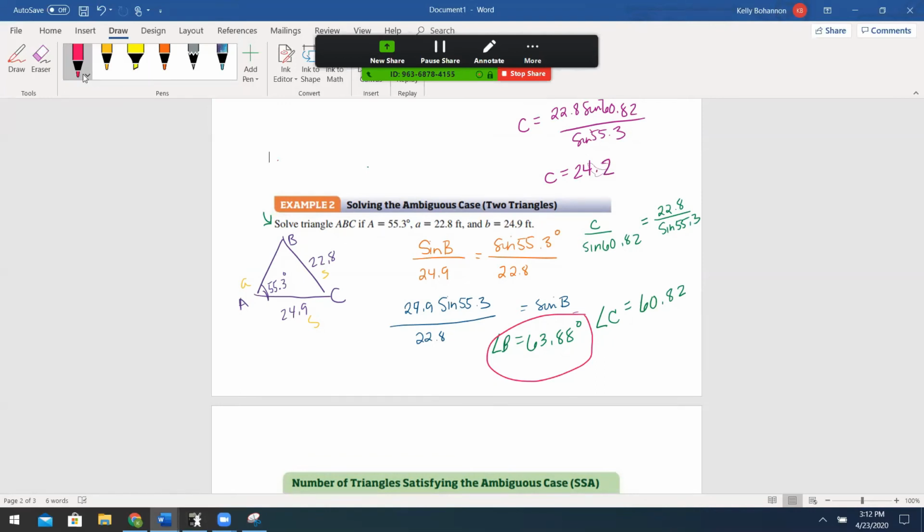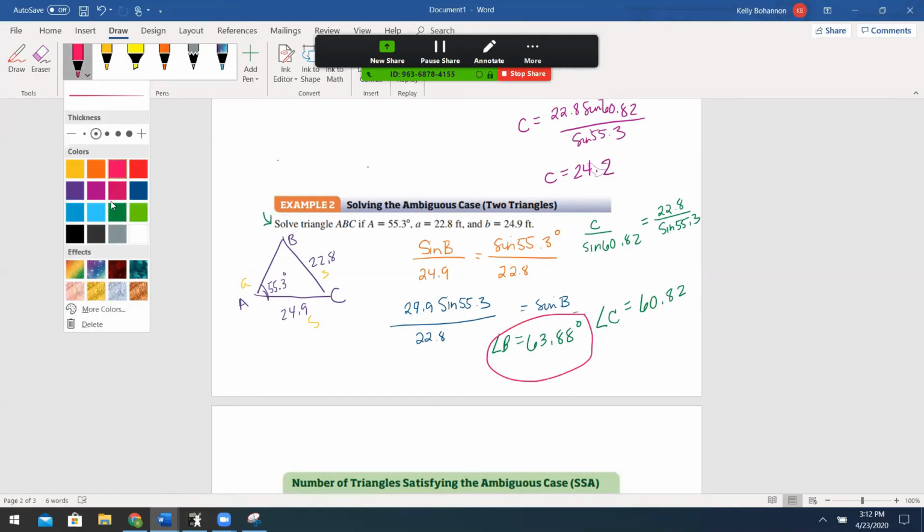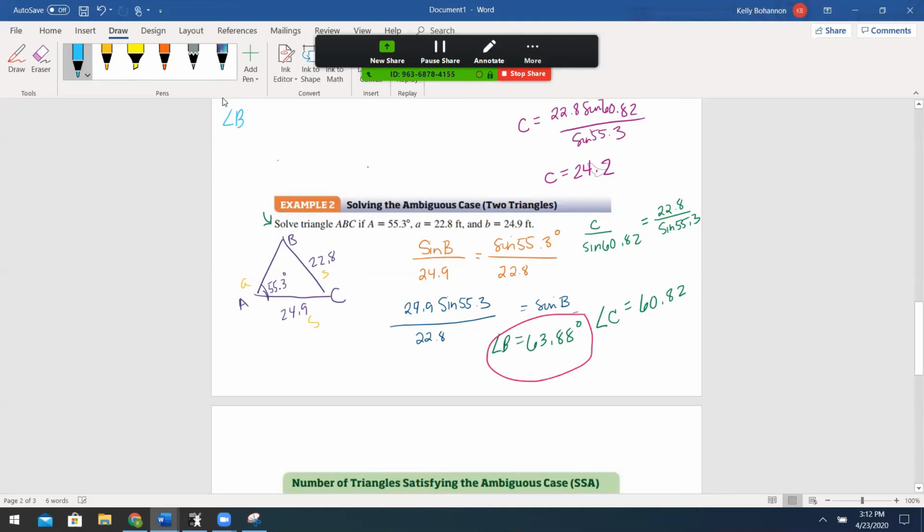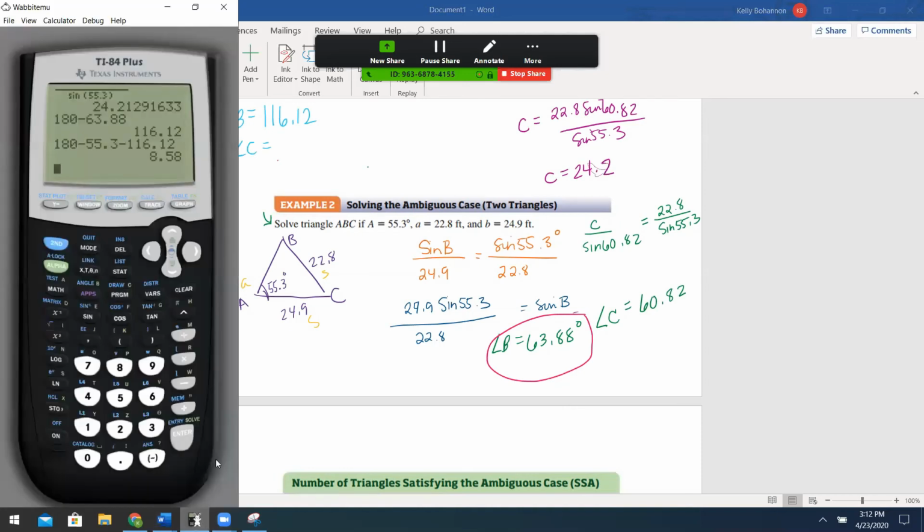Let me get a different color here. So if I use the 116.12 for angle B, then my angle C came out to be 8.58.